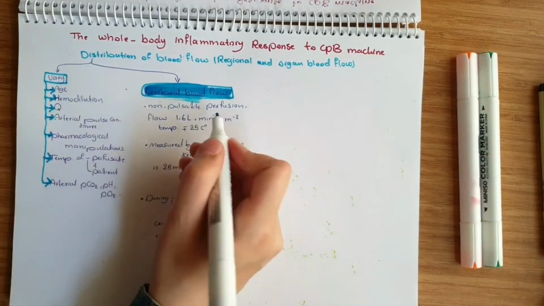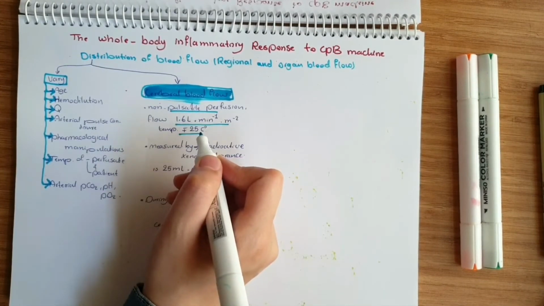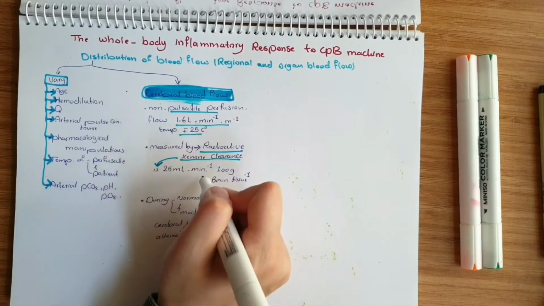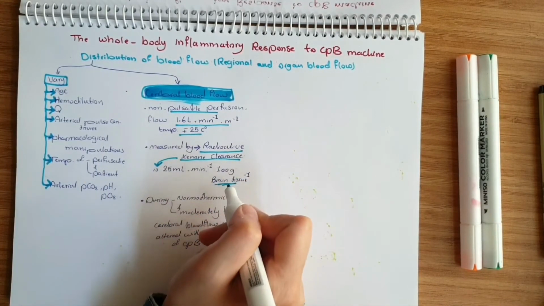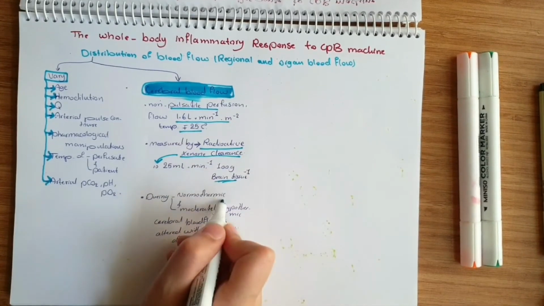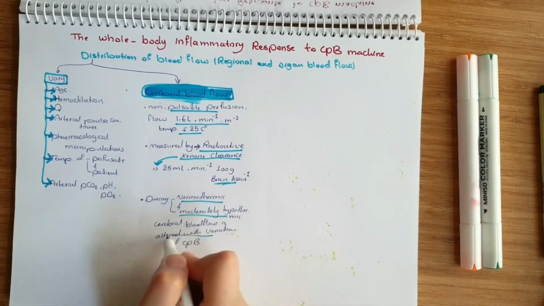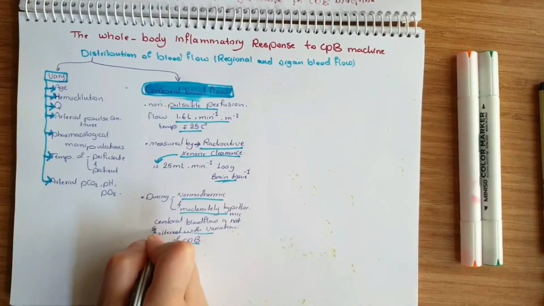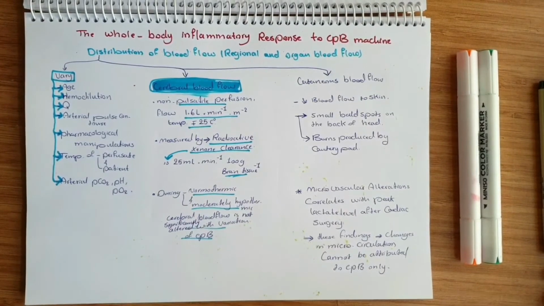The blood perfusion during this machine is non-pulsatile, and the flow is about 1.6 liters per minute, and the temperature is about 25 Celsius. The need of the brain tissue is measured by radioactive xenon clearance. So each 100 gram of brain tissue will need 25 ml per minute, and during normothermic and moderately hypothermic conditions, cerebral blood flow is not significantly altered with variation of cardiopulmonary bypass.